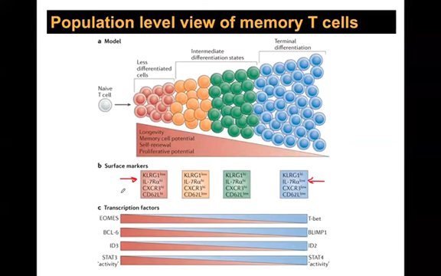Memory cells or central memory cells are going to express CD62L because they need to go back into a lymph node. But a terminally differentiated effector cell needs to go out and do its job. You know, if you got infected in your big toe, it needs to go to the big toe. So it's not going to express the L-selectin, which helps it get into a lymph node.